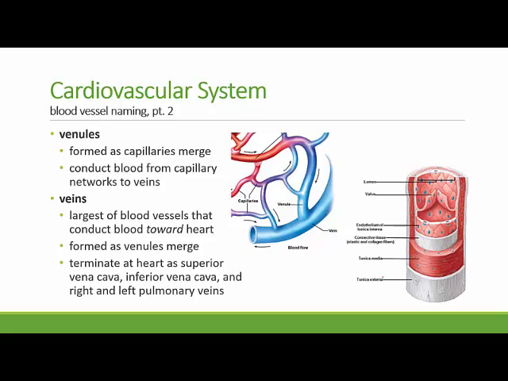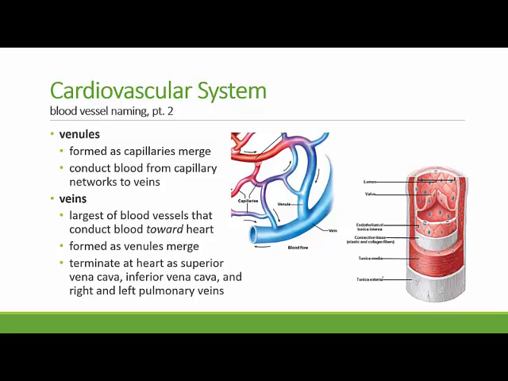And the veins then conduct the blood back toward the heart and end at the heart as the superior vena cava, draining blood from the head and from the arms and shoulders and the very uppermost parts of the thoracic portion of the body.